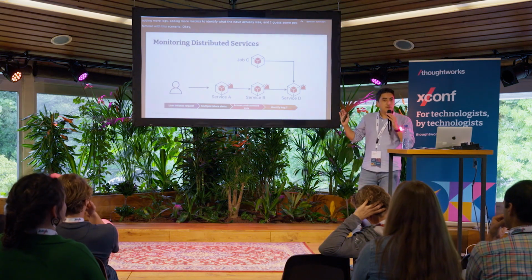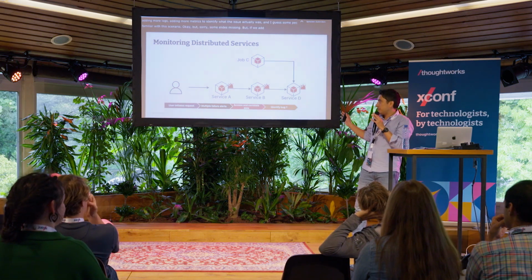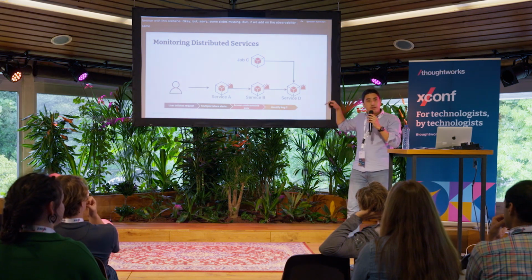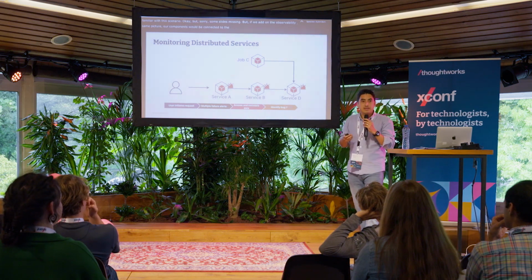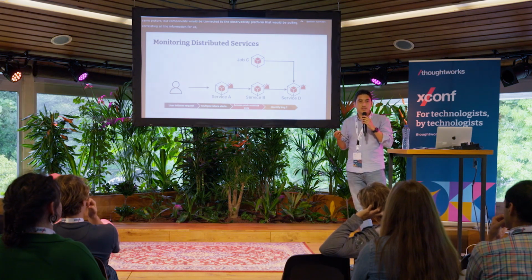But if we add an observability platform into this same picture, our components would be connected to this observability platform that would be pulling all the data and correlating all the information for us, so that it's more easy for us to visualize this.